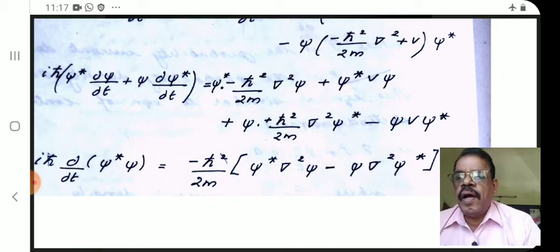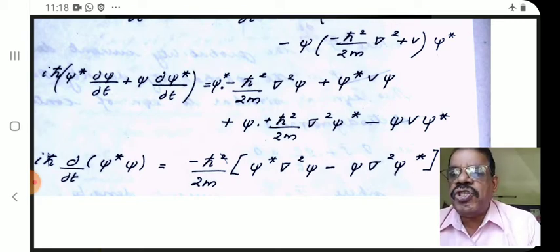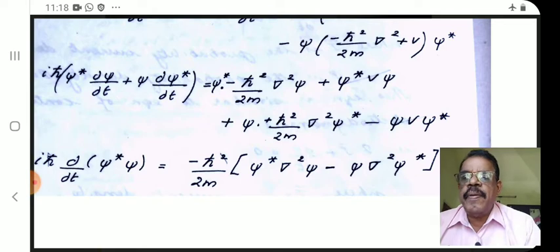So ∂/∂t of psi star psi gives the step above, that is psi star ∂psi/∂t plus psi ∂psi star/∂t. I hope you understood. When we apply the product formula, we get the above step: first function into derivative of second plus second function into derivative of first. So the LHS is complete.